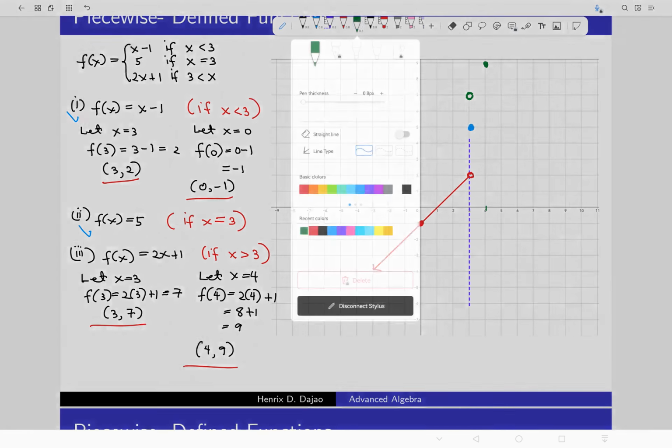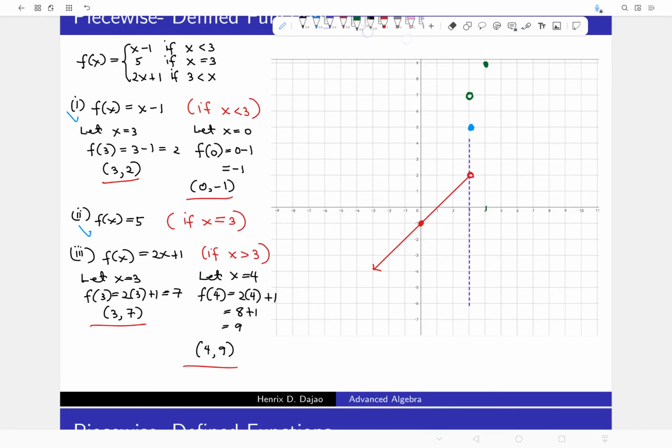So I'll just connect these two points so that we can form a line, because by definition in geometry we only need 2 points to determine a line. It should be a line.